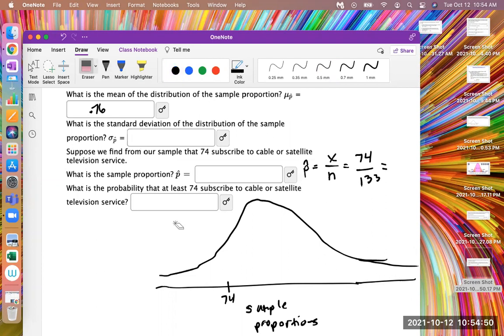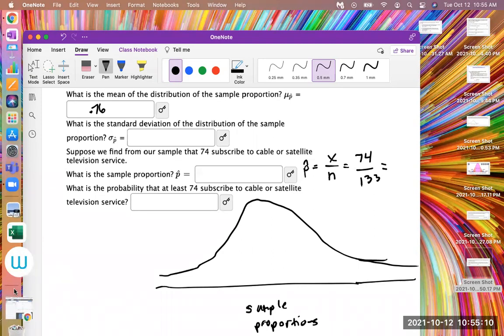So we have to convert that 74 into the sample proportion that we already calculated above, and we need to use that number and not the 74 here. So that's huge. That's the number one mistake that students make with this problem.